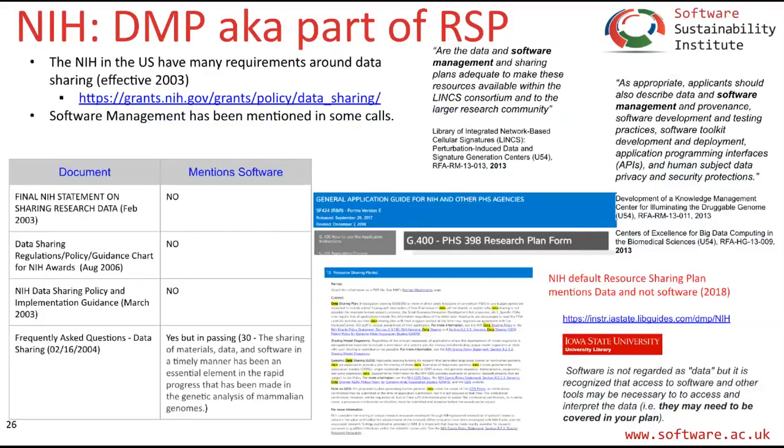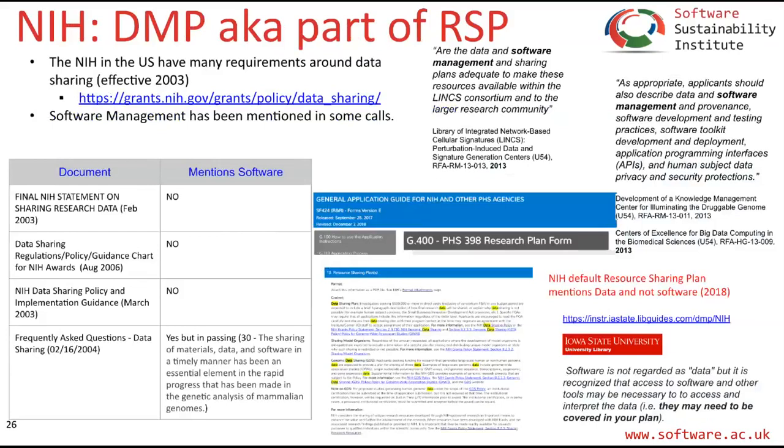Looking at the NIH, National Institutes of Health, who from 2003 have really required aspects similar to data management plans via data sharing. But software management has also been mentioned in some of the plans.